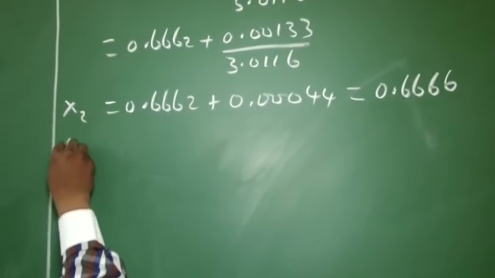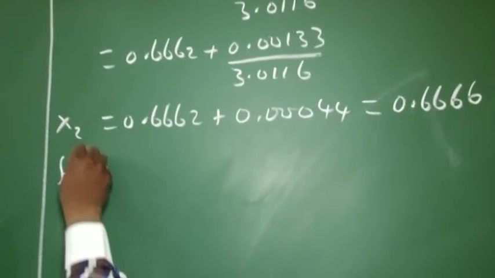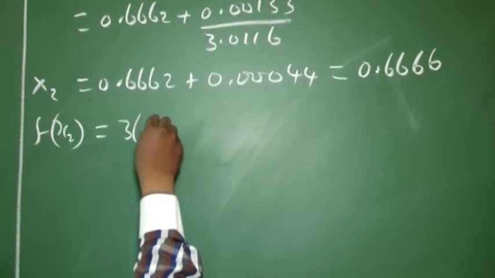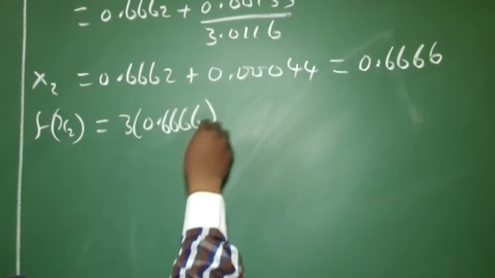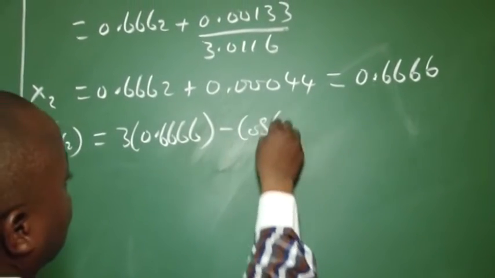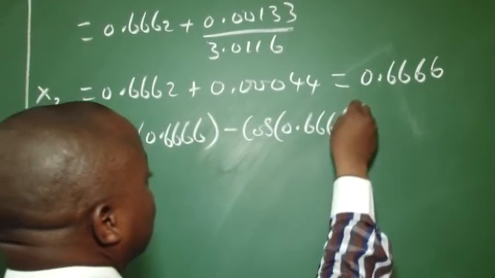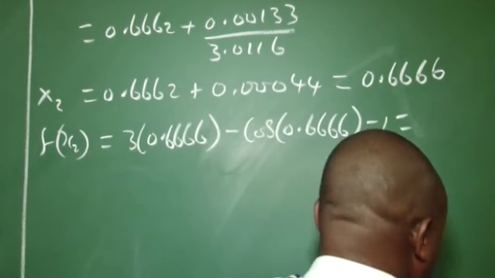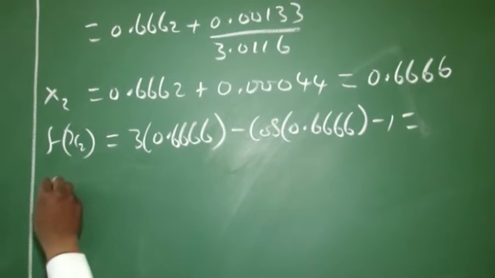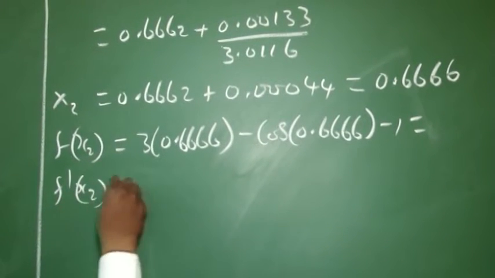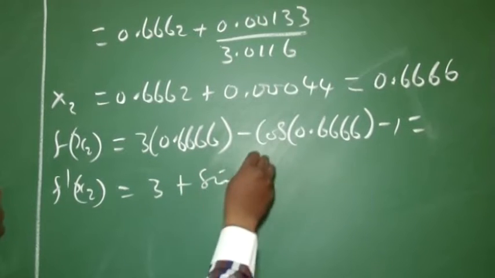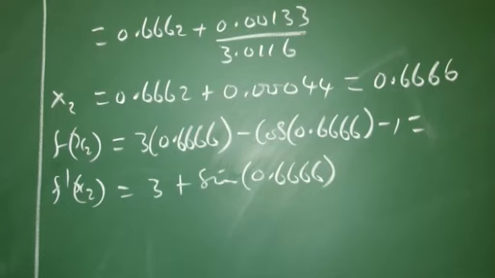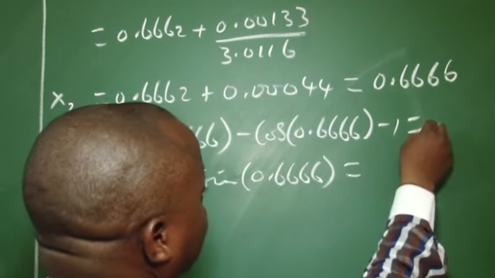We now find f of x2, which is equal to 0.6666 minus cos 0.6666 minus 1. Then we find f prime of x2, which is 3 plus sine 0.6666. Okay, so let's compute the two.